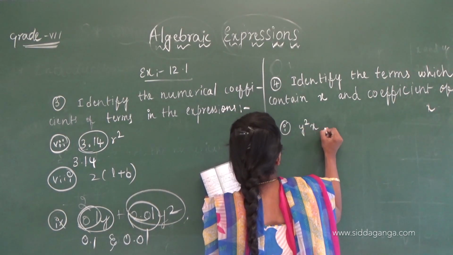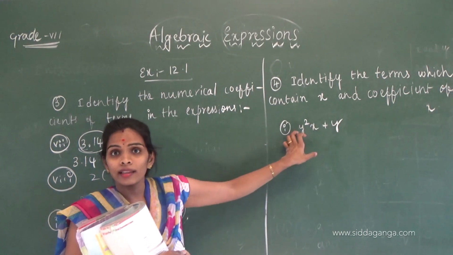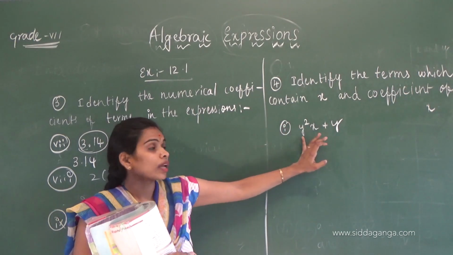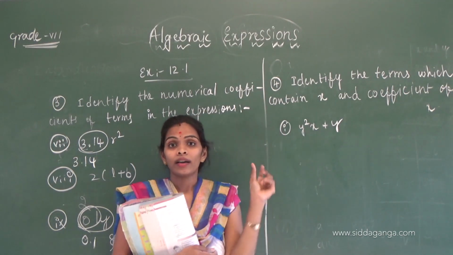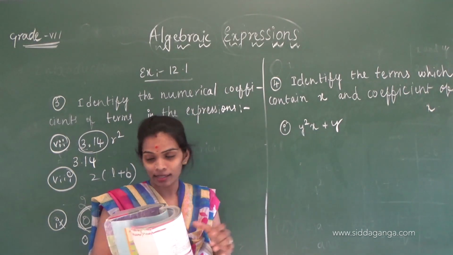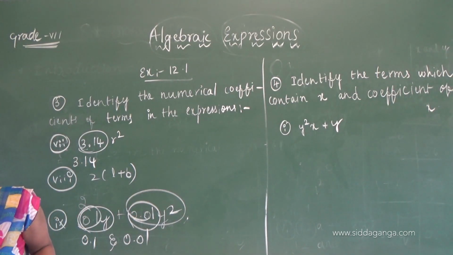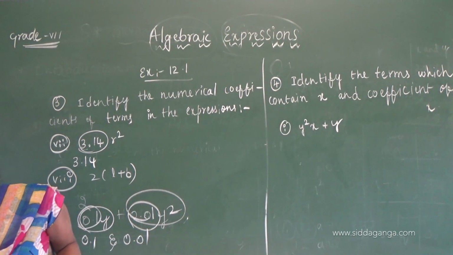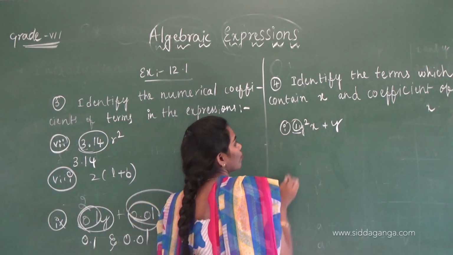y square x plus y. Here these two terms are there. The first term, y square x, is the term which is containing x, and the coefficient of that is 1.